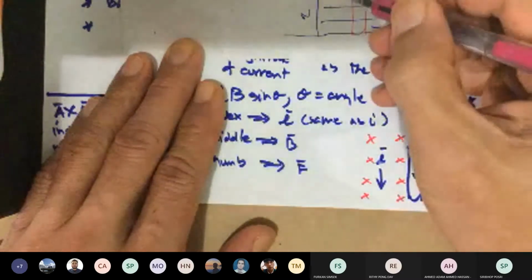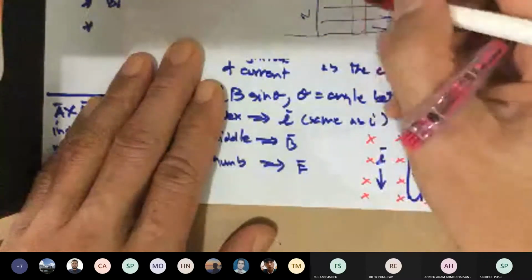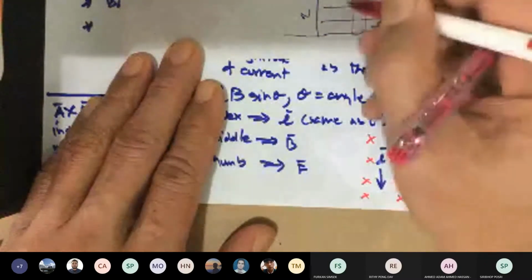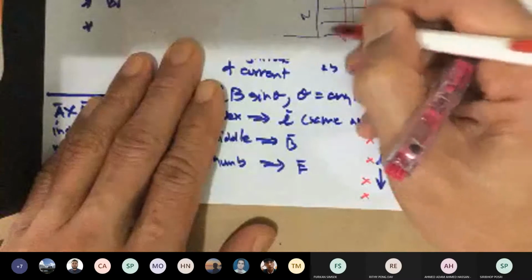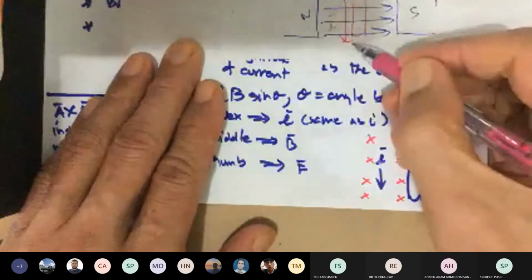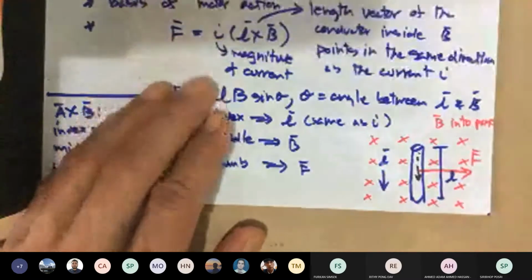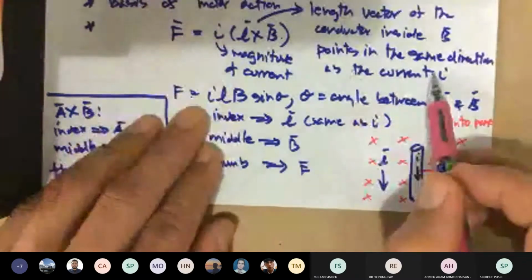So this is vector L only. Assume the current goes this way. This is the direction of vector L, only this part inside the magnetic field. What's outside doesn't count. And it has to be the same direction as the current.